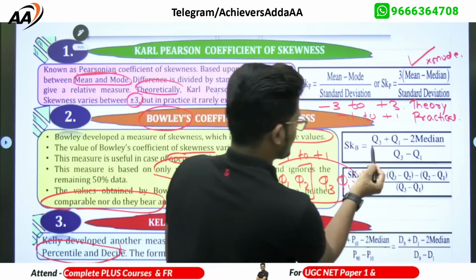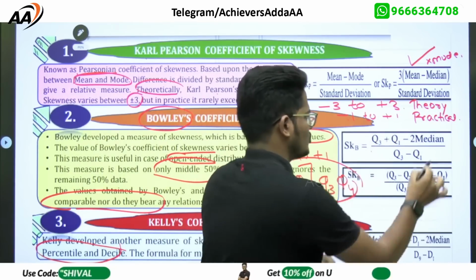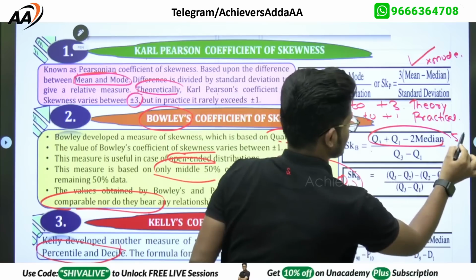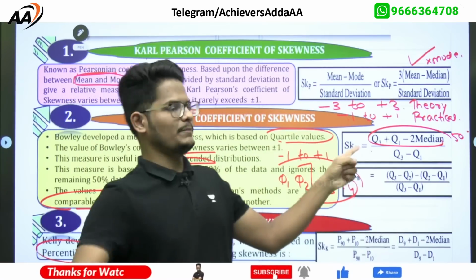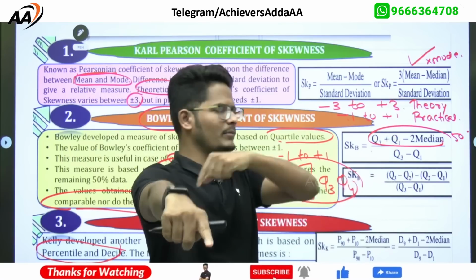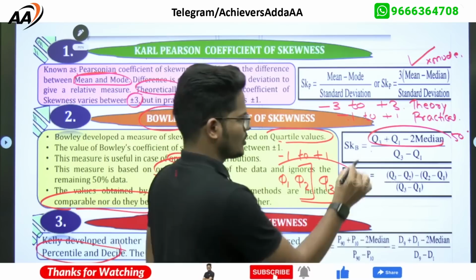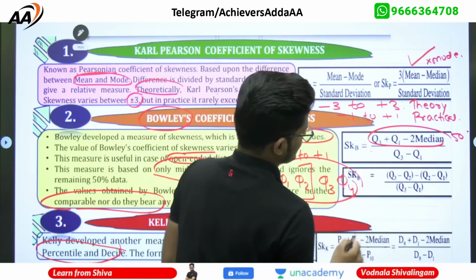Next, Q3 plus Q1 minus 2 median, and only the middle 50% is considered. That is point number 3. Q3 plus Q1, the 2 quartiles you added, and you removed 2 medians from there. Q3 plus Q1 minus 2 median divided by Q3 minus Q1.